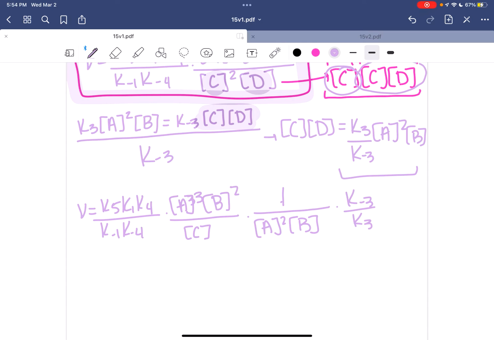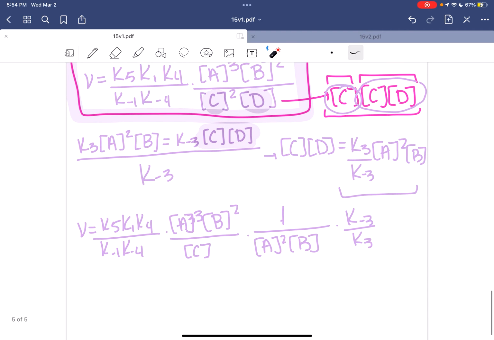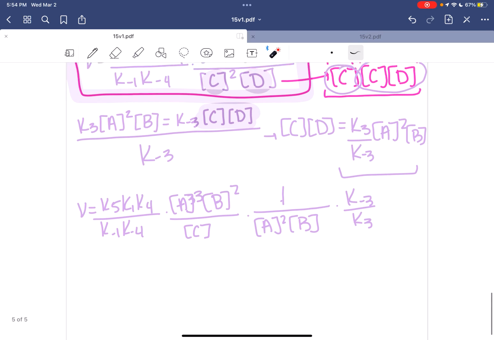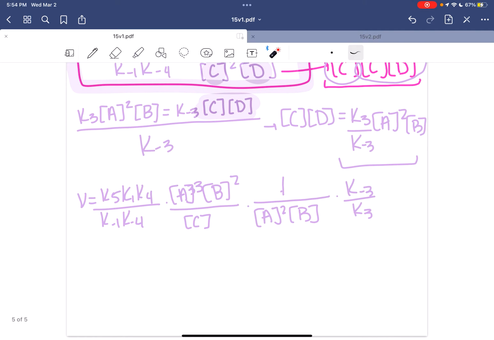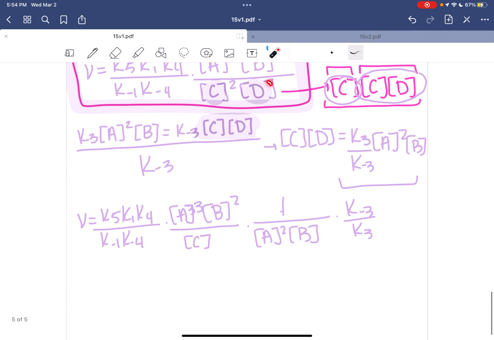And so the reason that it's on the bottom here is because that C times D is on the bottom of the fraction of our big rate law. And so this A squared times B appears on the top of the fraction for CD, but CD is on the bottom here, and so it's going to go sort of in this spot here.